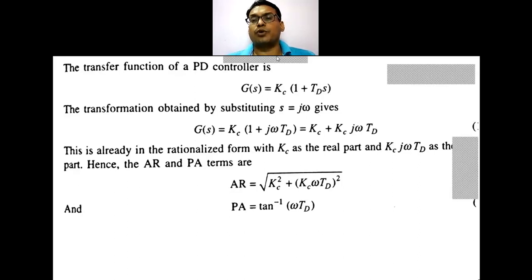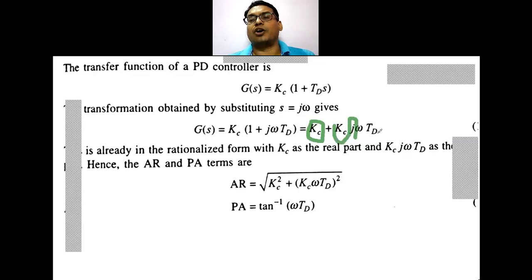The component of the real part is nothing but your Kc, and the component of your imaginary part is Kc into omega tau d, multiplied by the j that is there. So after simplification, you will get the amplitude ratio as the square root of Kc square plus (Kc omega tau d) whole square, and the phase angle, which is equal to tan inverse of omega tau d.